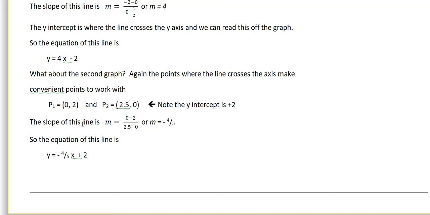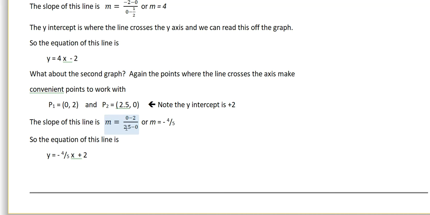Okay, so for the slope of this line, we're going to use the same formula here. The change in the y values. Notice that we're using the y value from the second point, 0, minus the first y value, 2, so this is -2. We're going to use the difference in the x values in the denominator, so this is 2.5.